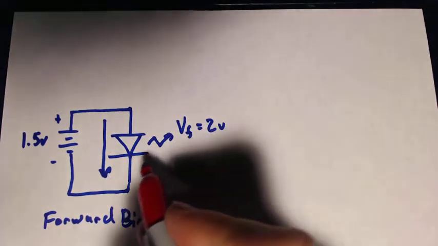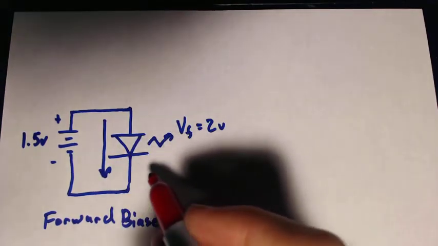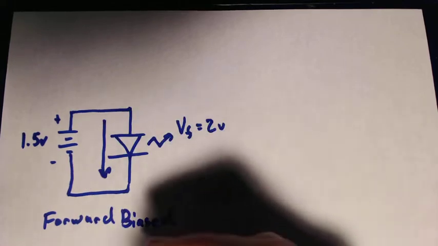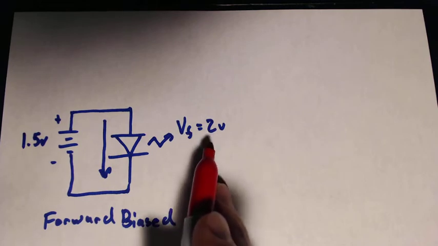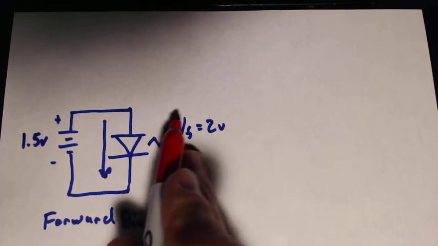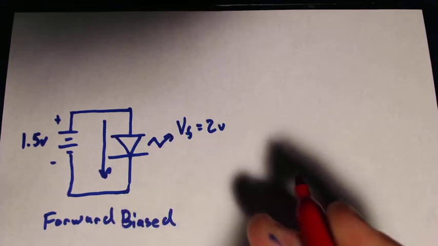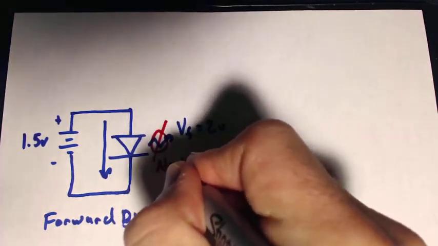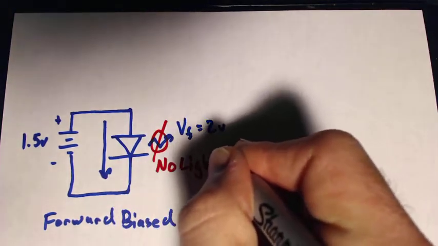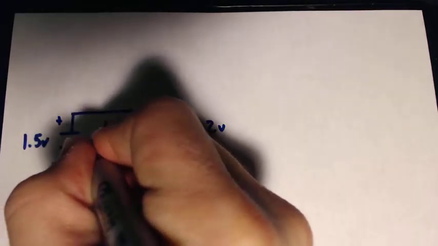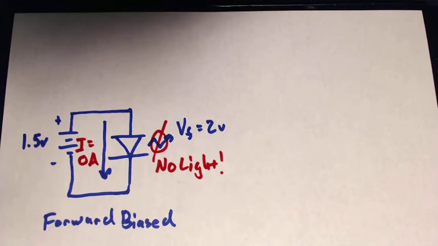So in this case, even though we're correctly biased, we're forward biased, we're applying the polarity in the correct direction, because we haven't exceeded this forward voltage, again, manufacturer value, in this case, we get no light and I is equal to 0 amps.